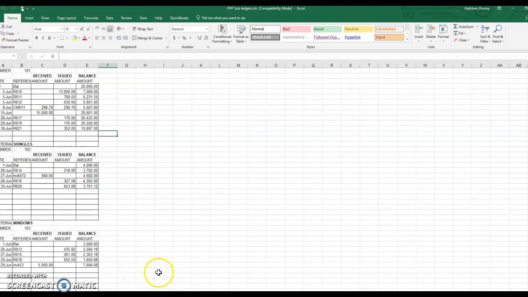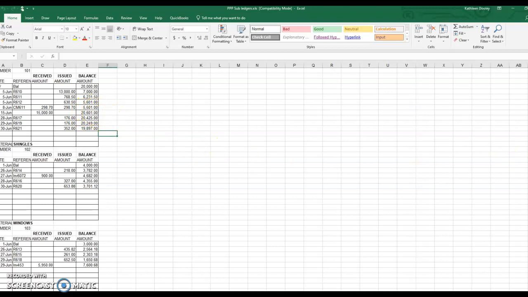We also have to go to the materials ledger, and we had purchased $15,000 of lumber on June the 15th. Our previous balance was $5,601. Now we purchased $15,000, so we add that to the previous balance, and we now have $20,601 of lumber available.